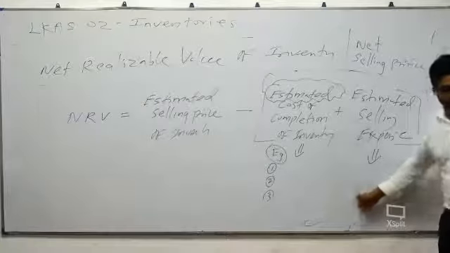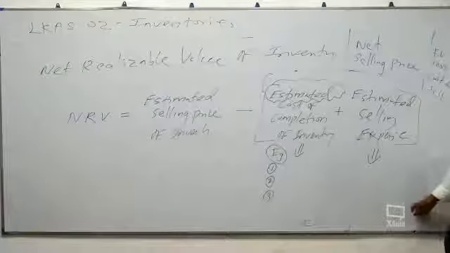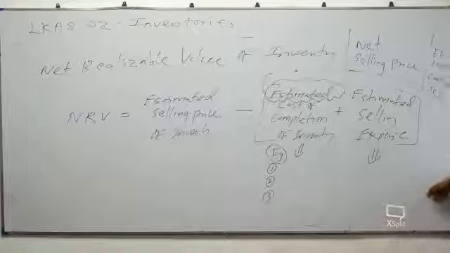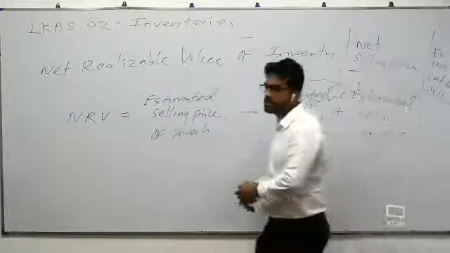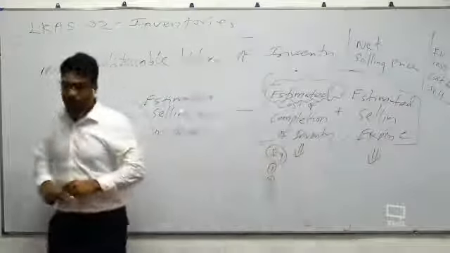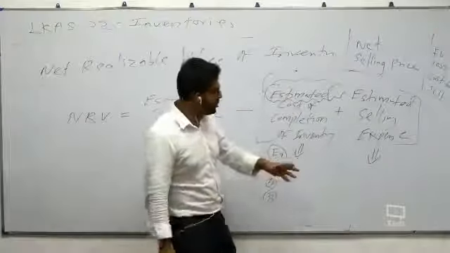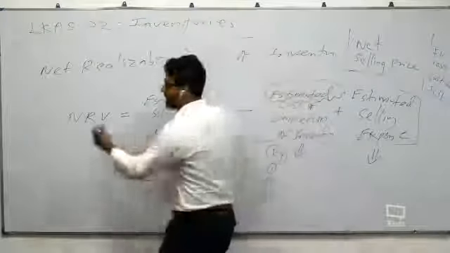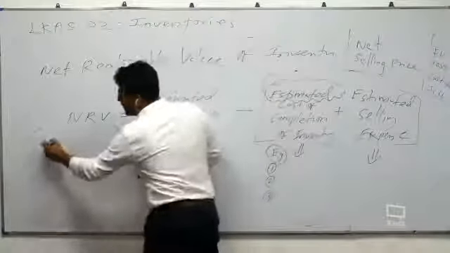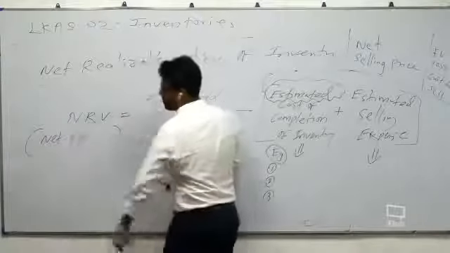Another one, right? Estimated delivery charges or transportation expense. So if you come across all these future expenses, you must deduct it from the selling price. Then you get the NRV. NRV, in other words, net selling price.